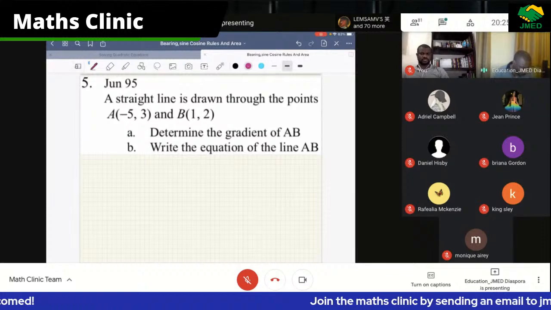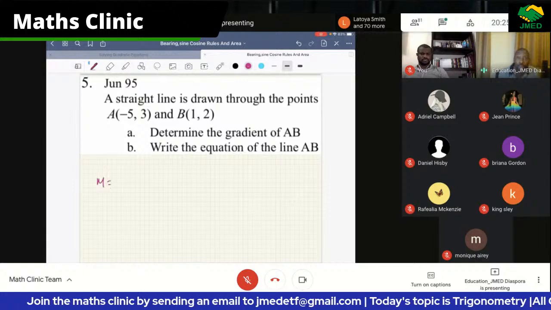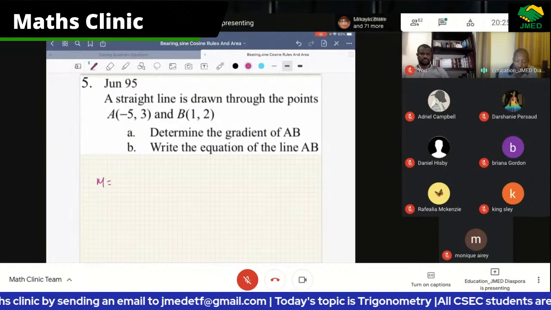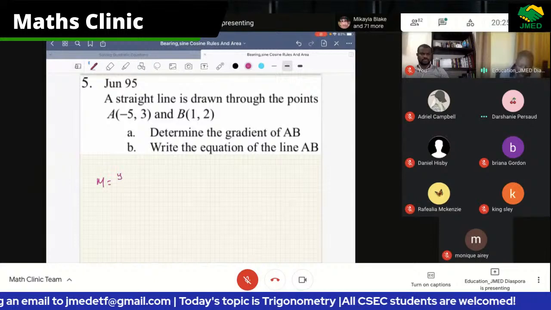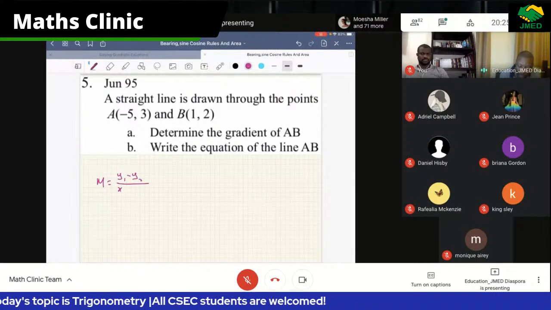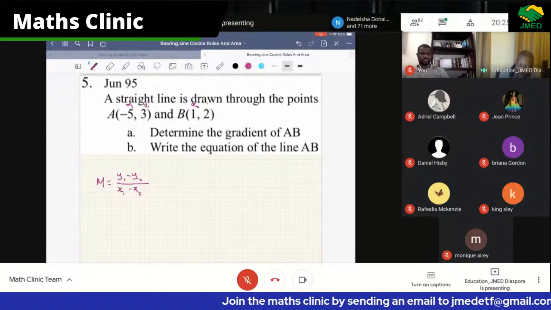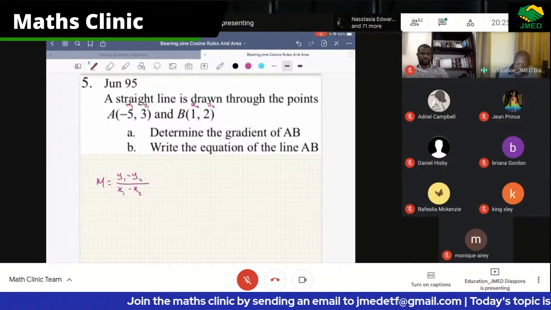All right, so here the question asks us to find the gradient, yes? And we remember that m is equal to what? The difference in y over the difference in x. Good? Now we can label this x1, y1, x2, y2, but we don't necessarily need the labeling.